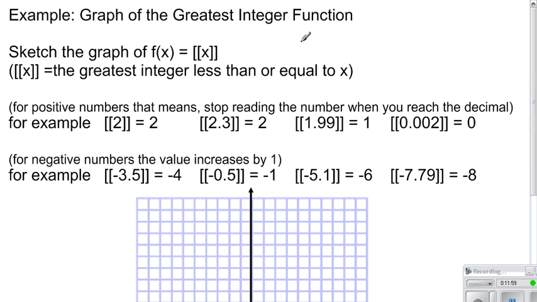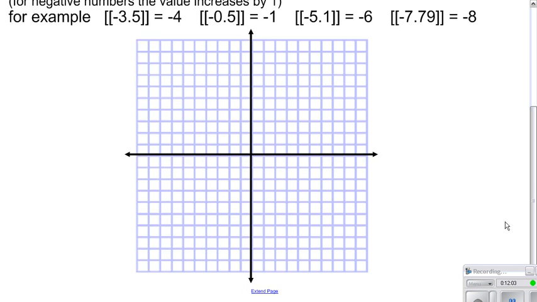So let's go ahead and graph, try to make a little table. Anything up until we get to 1, 0 point anything will equal 0. So we'd have a straight line right there, counting 0, not counting 1.